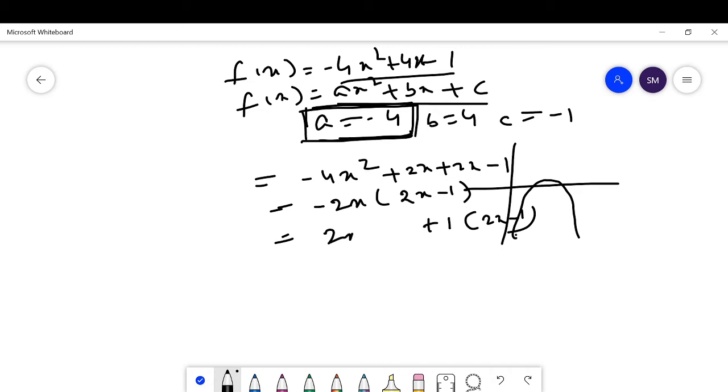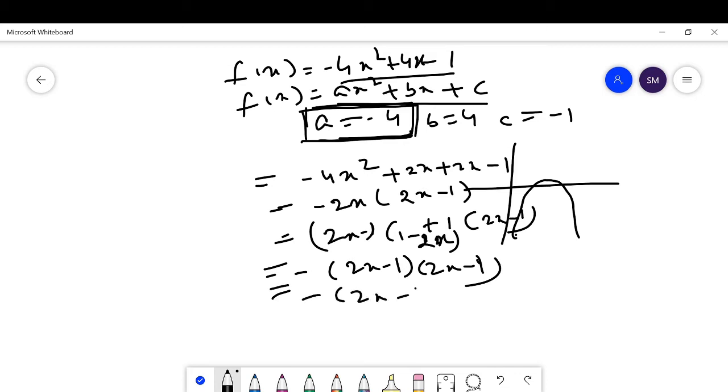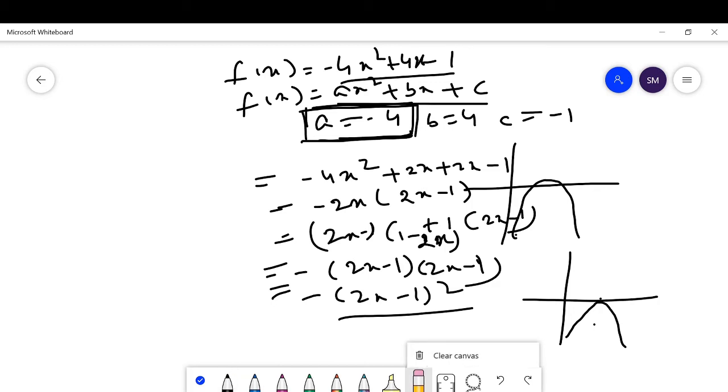This is minus (2x minus 1) whole square. Here also there are no two distinct zeros, a single zero. In this case the parabola touches the x-axis like this, and as the coefficient of x square is negative, the parabola opens towards the downside.